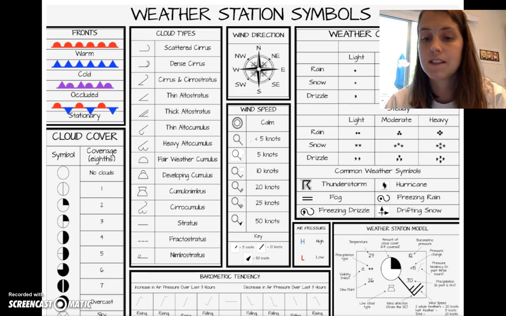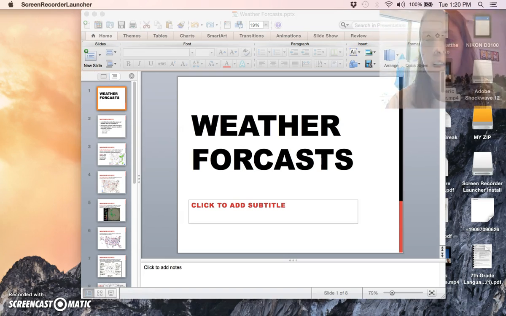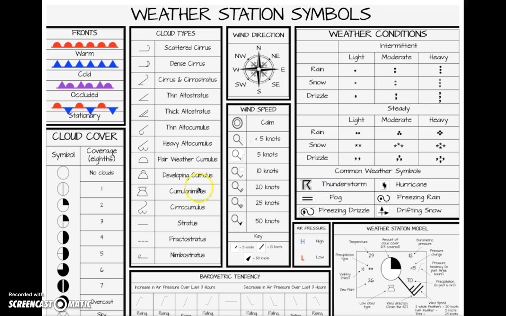So here is the biggest model ever. You have your warm fronts, cold fronts, occluded fronts, stationary fronts, then each of the different cloud cover symbols, and it does it in eighths. In other words, if there are no clouds, if there's 1/8 covered, 2/8 covered, 3/8 covered.